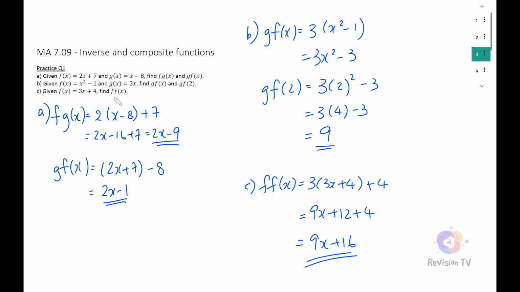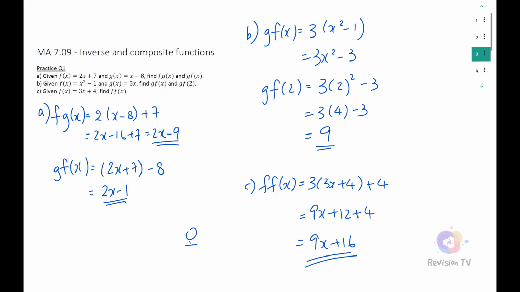For C, f of f of x, in terms of the concept of yourself as a costume, it's a bit awkward to think about, but imagine you make a costume using your own body shape. So this is you, and you make a big costume using your face.